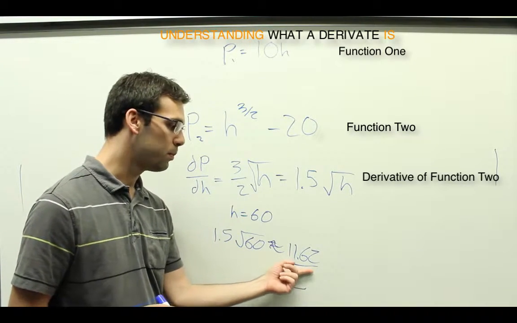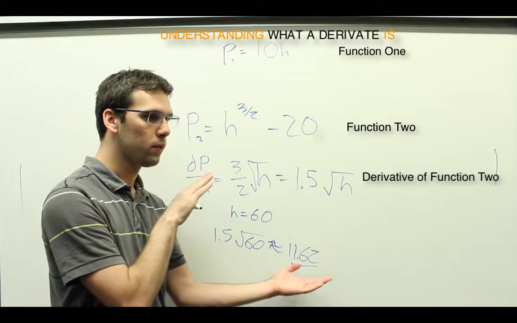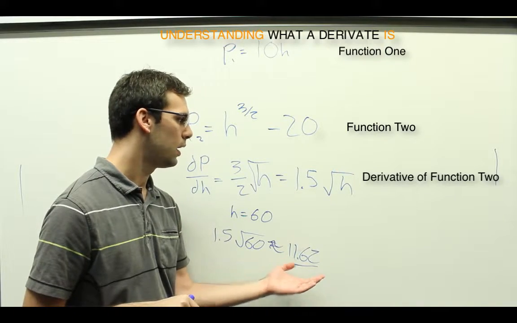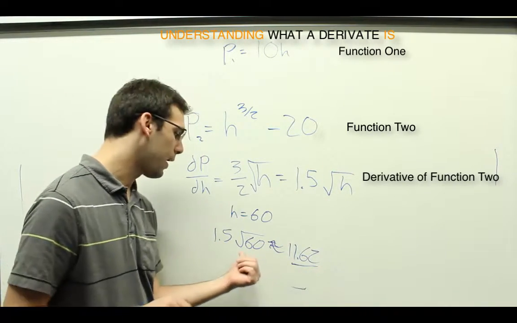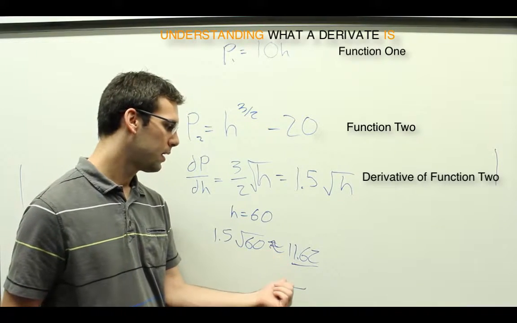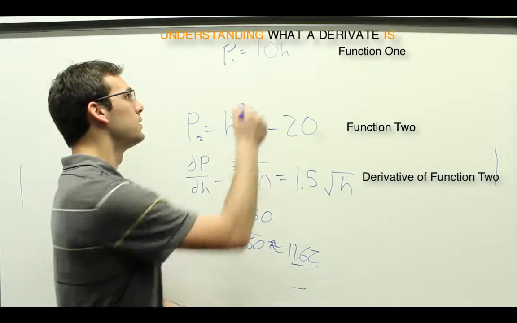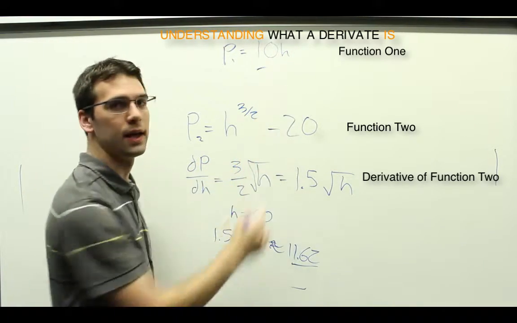So the slope is now 11.62. That's kind of how pay grows in response to hours worked. So we can already see that at 60 hours, this project is already paying more than the derivative was for this one, which was $10 an hour.